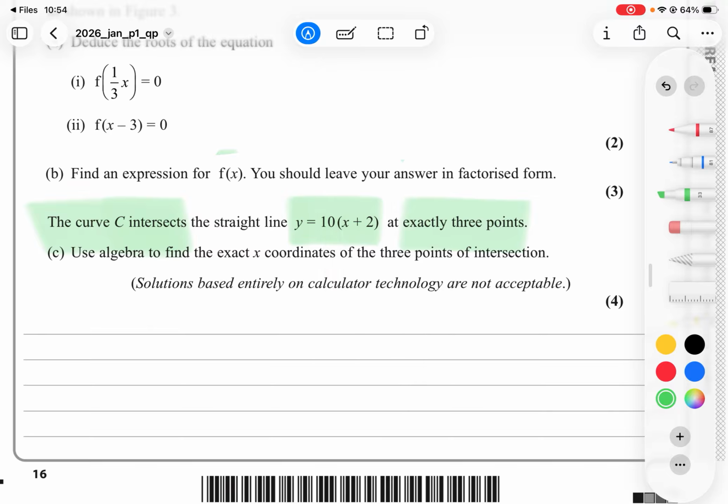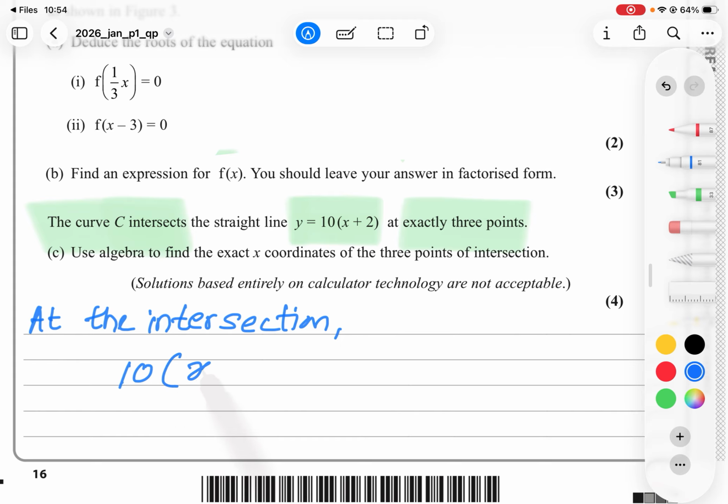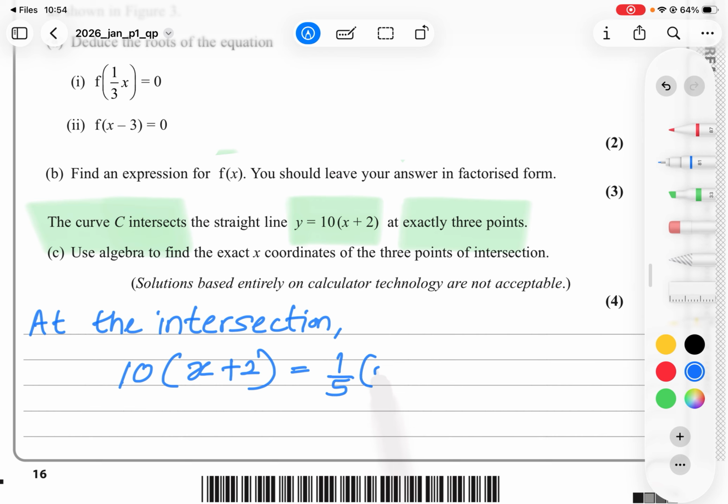Since they intersect, we can write both equations as equal at the intersection point. So 10(x + 2) equals 1 over 5 (x + 2)(x - 5) squared.